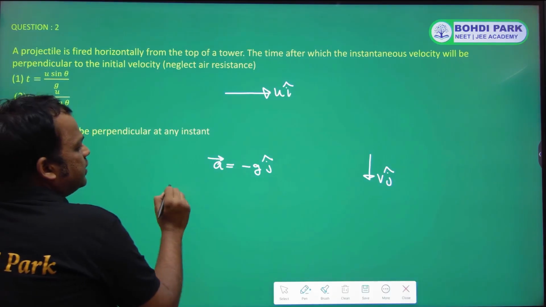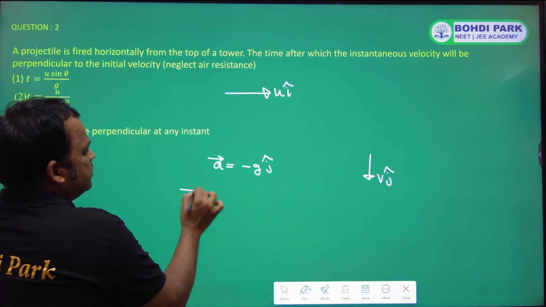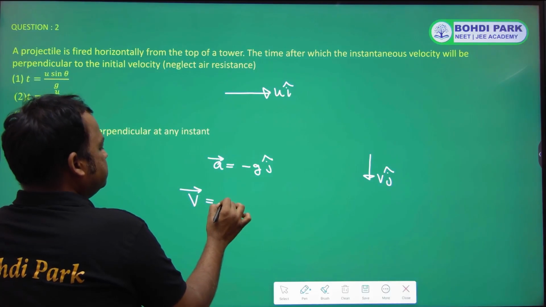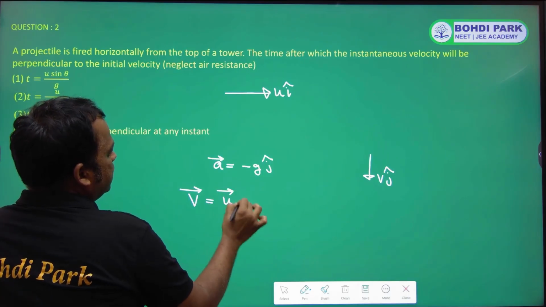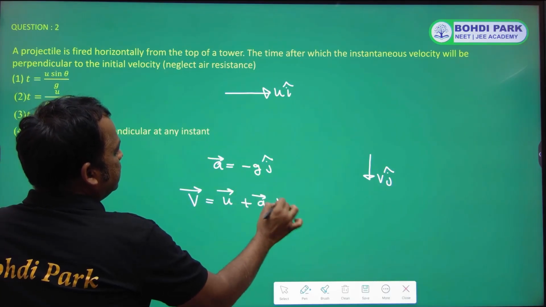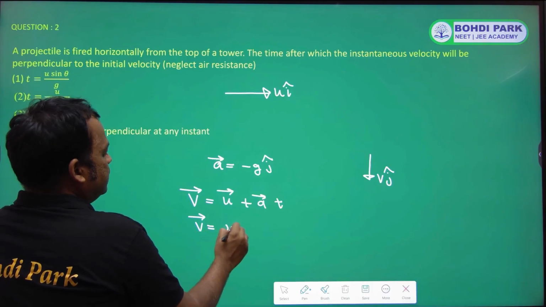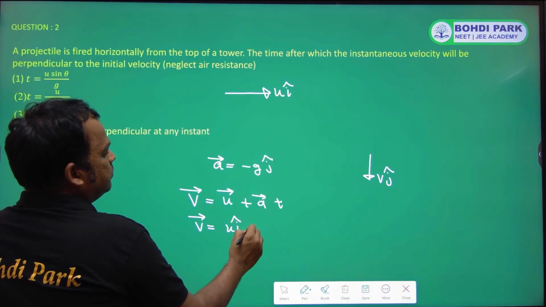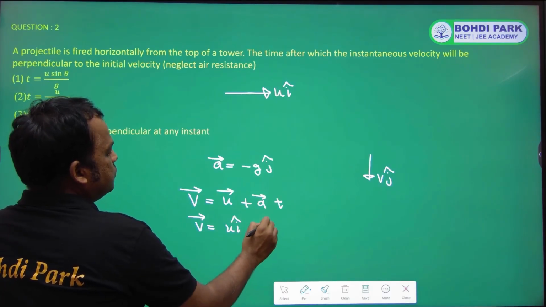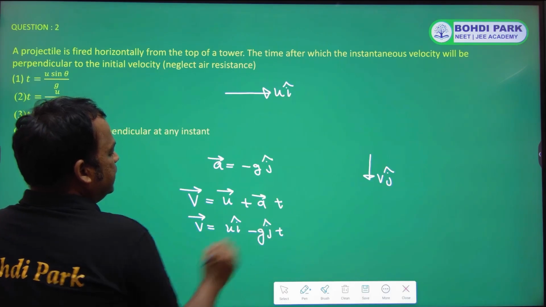We have to find the time taken. We can use v vector is equal to u vector plus a vector into t. So v vector is equal to u i cap minus g into j cap into t.